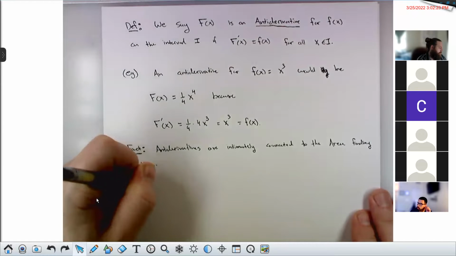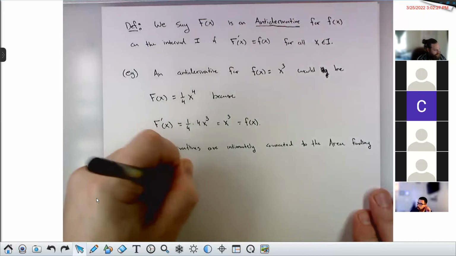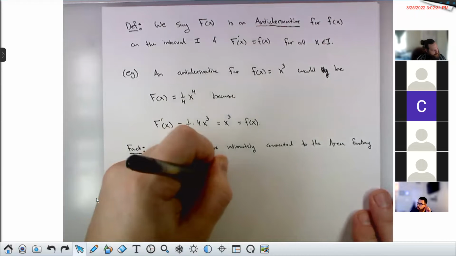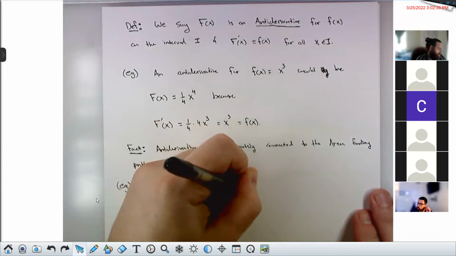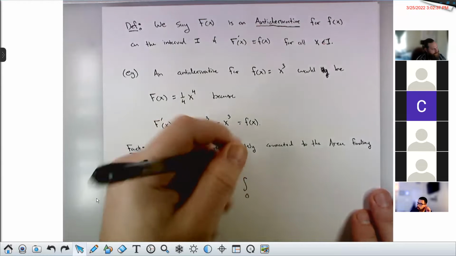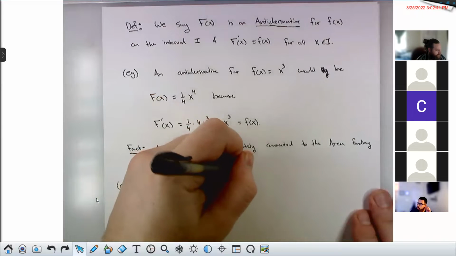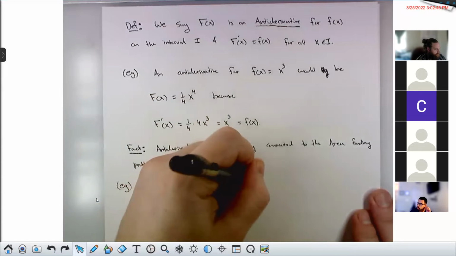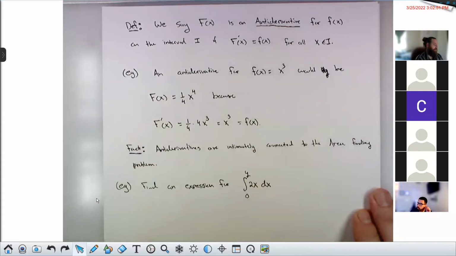Let's find an expression for the integral from 0 up to, let's say, y of 2x dx.